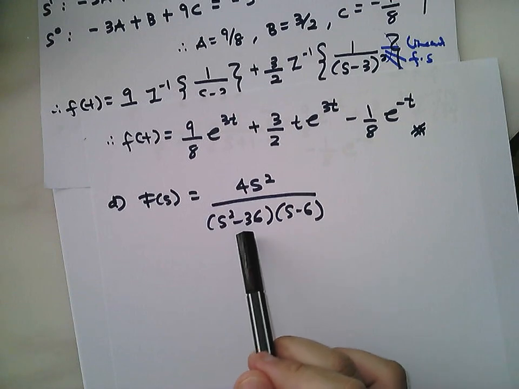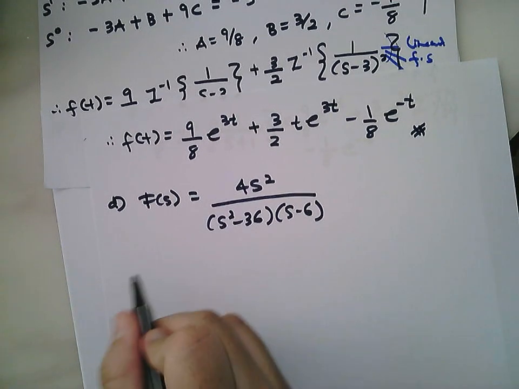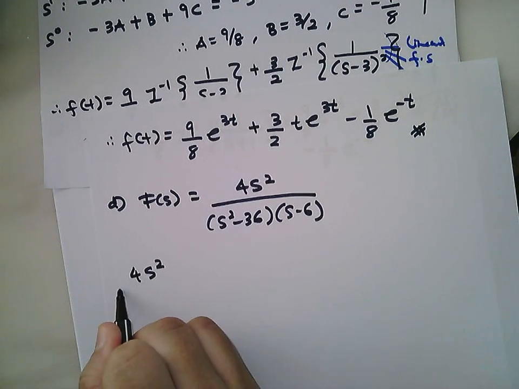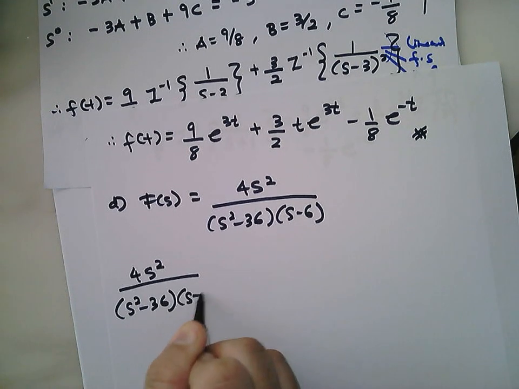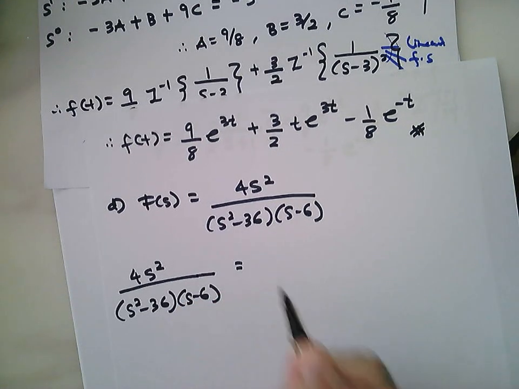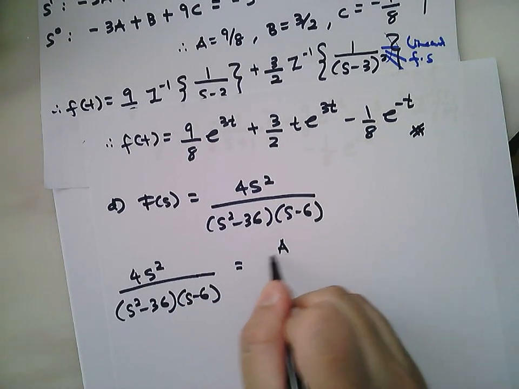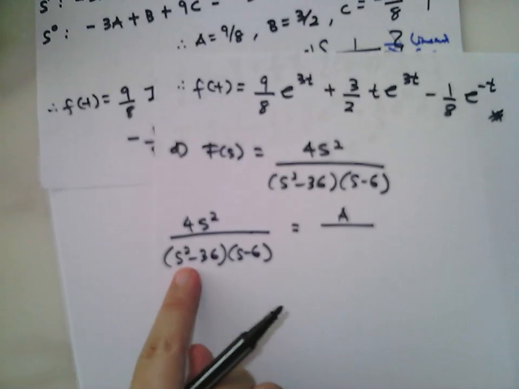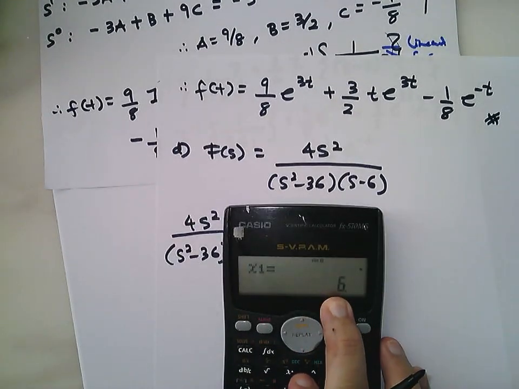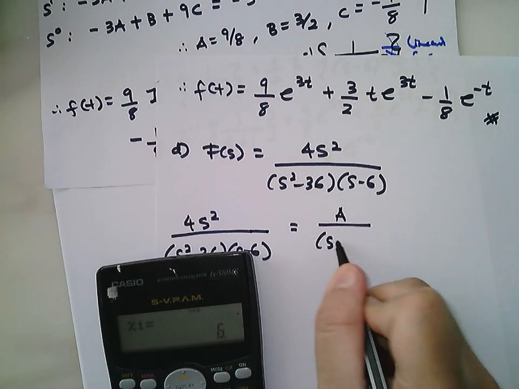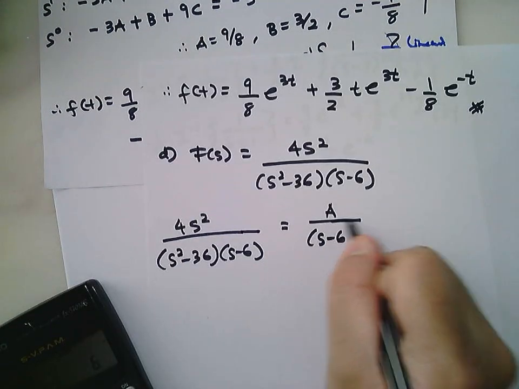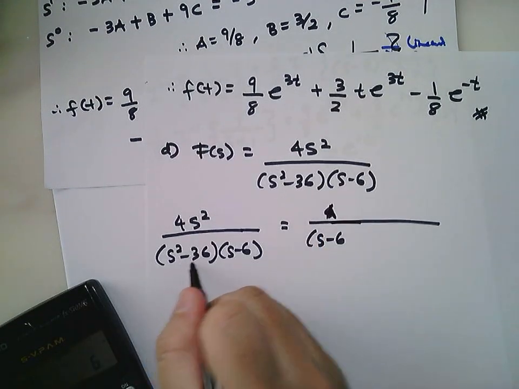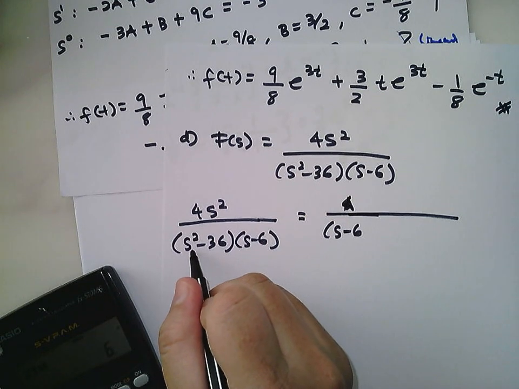Since you can factorize this function, 4s squared over (s squared minus 36)(s minus 6) is equal to a over, as you can see here, just now you have the value of 6, so the factor will be s minus 6. We first simplify this one.